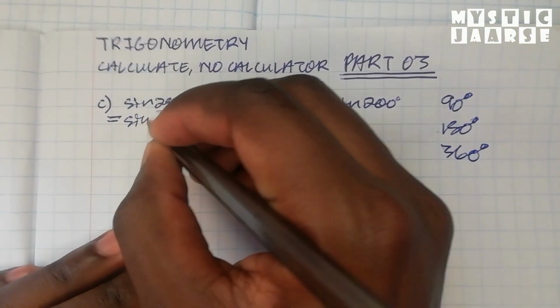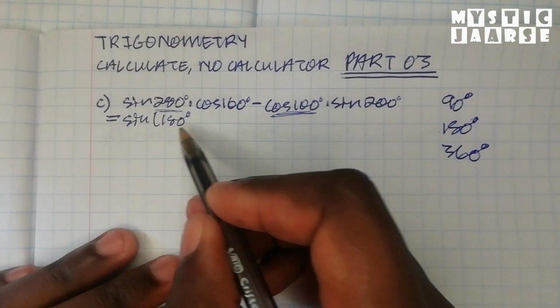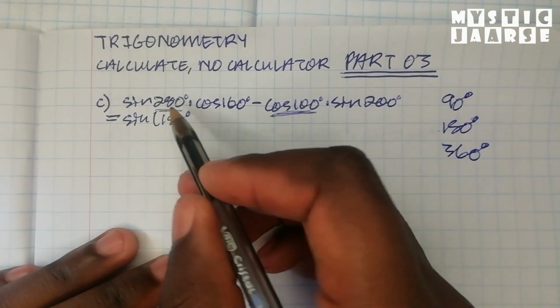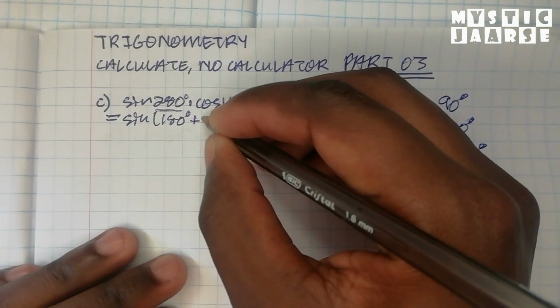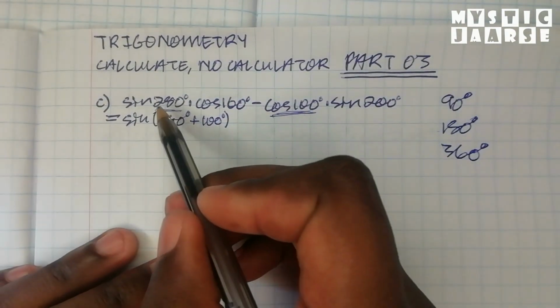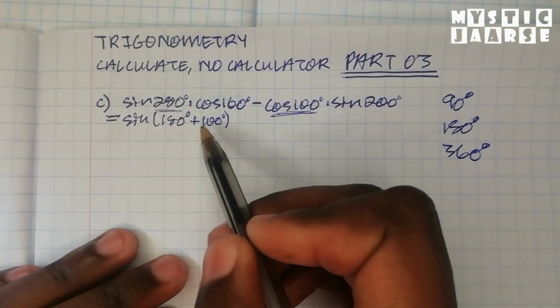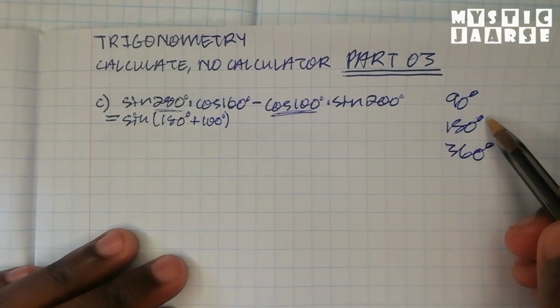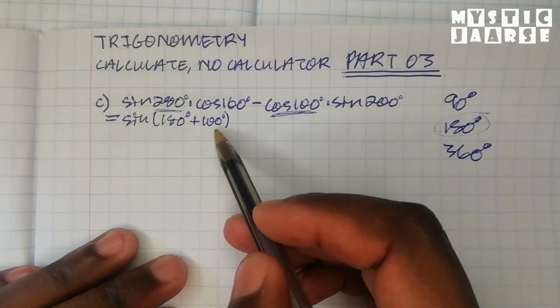We have sine of 180 degrees plus 100 degrees. So we have just expressed 280 in terms of 180 and 100, so that we can use 180 to reduce this angle to 100 degrees.